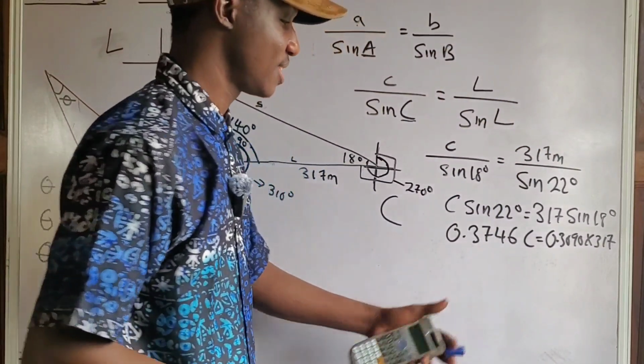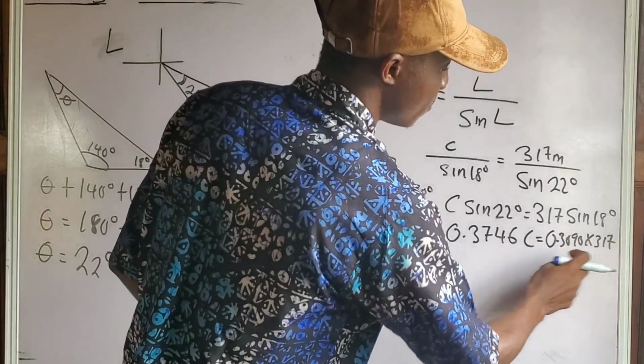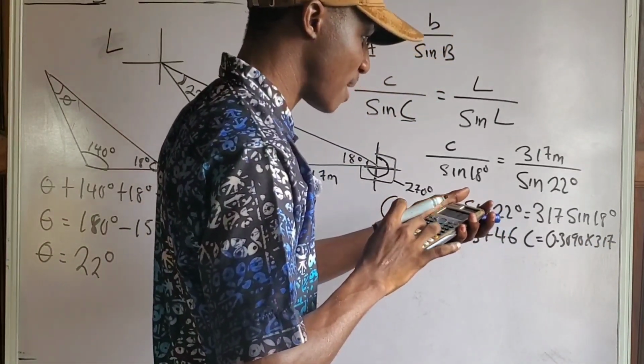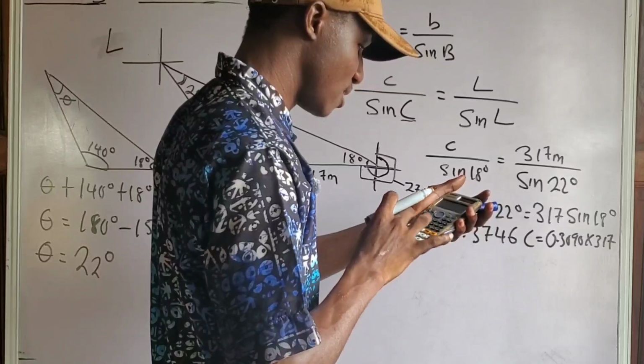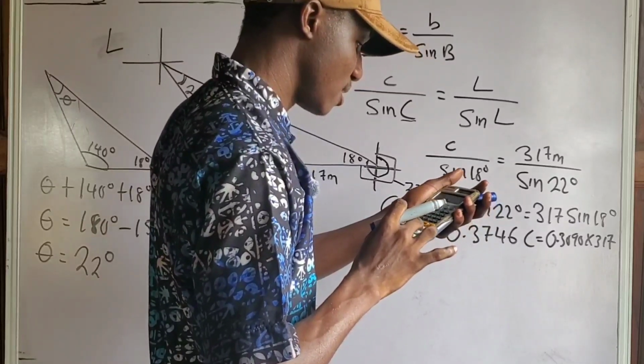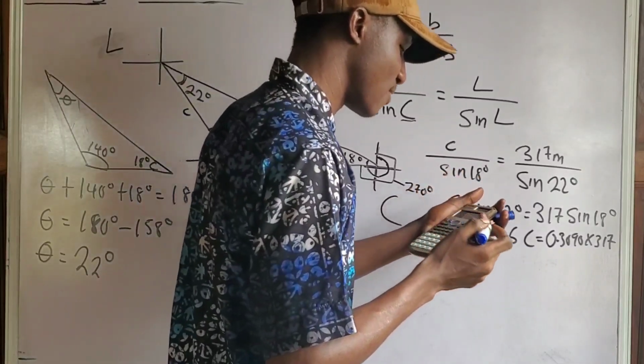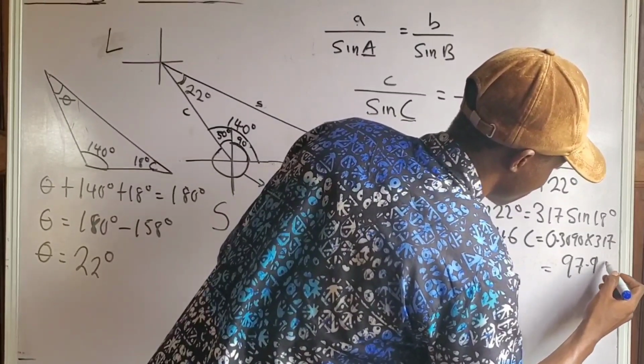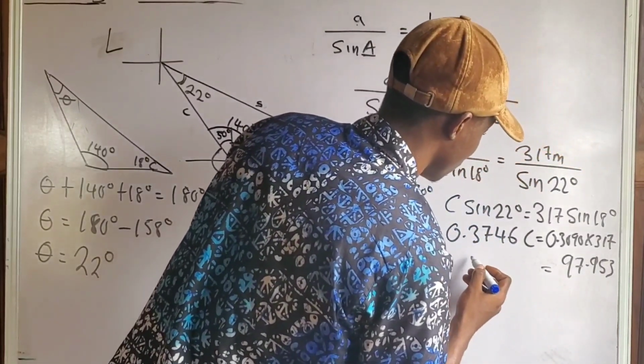Are you getting it? Take the product of 0.3090 multiplied by 317. That is 97.953.